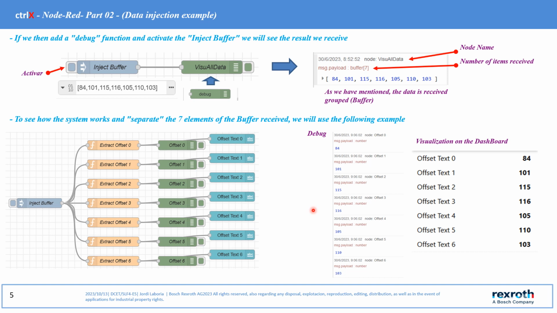In the results, we can already see that the data comes separately and that therefore they do not come all grouped. In the image you can see how after the injector, each of the buffer's elements, defined as offset from 0 to 6, has a function before connecting with the text or the debug. This function performs the separation of the data coming from the buffer sent by the injector.